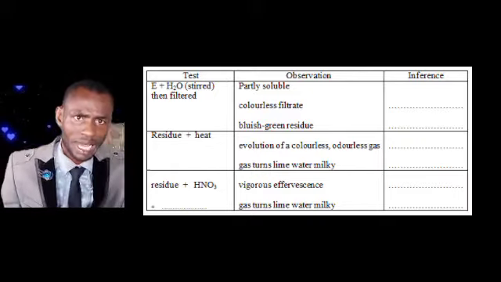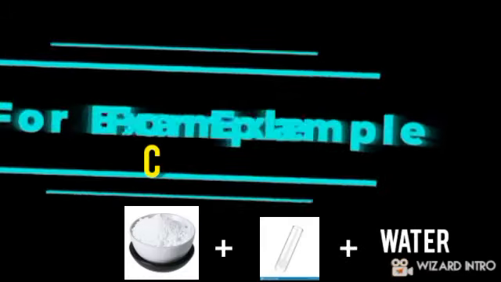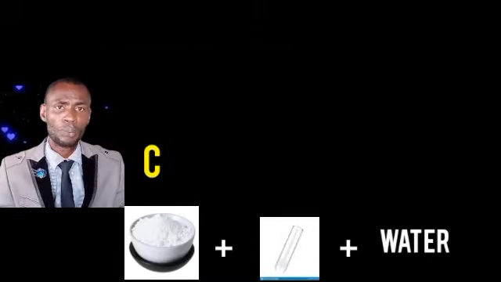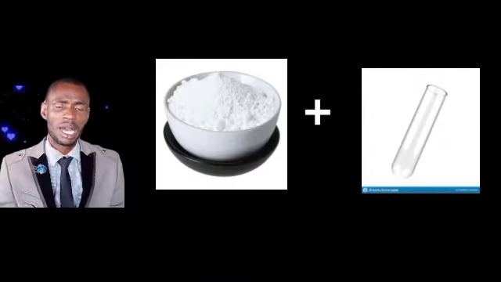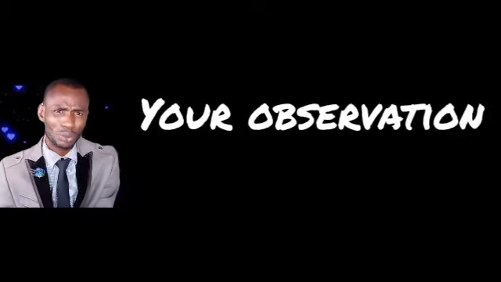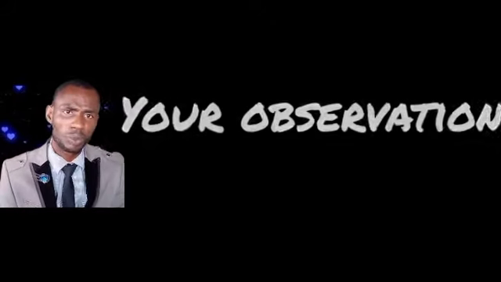Test, observations, and inference. Sample C now. Sample C plus water. Put sample C into the test tube. Add water. And by the time you add water, you see there is some precipitate, something settle down at the bottom of the test tube as though you are having a chalk inside water.